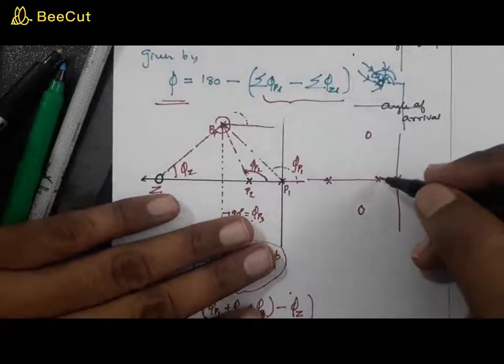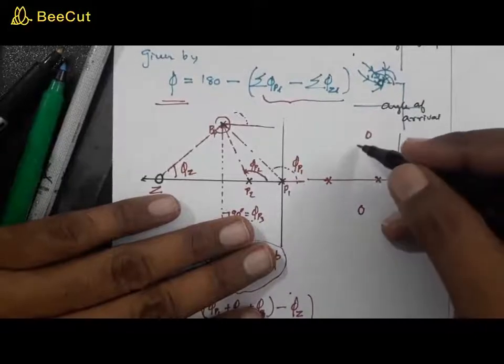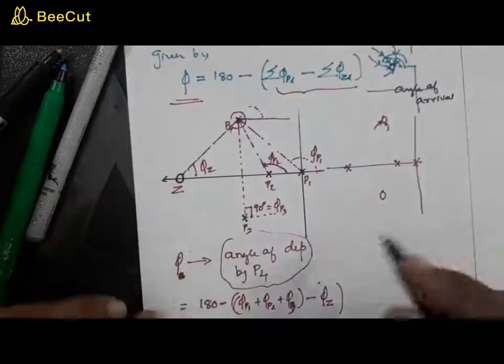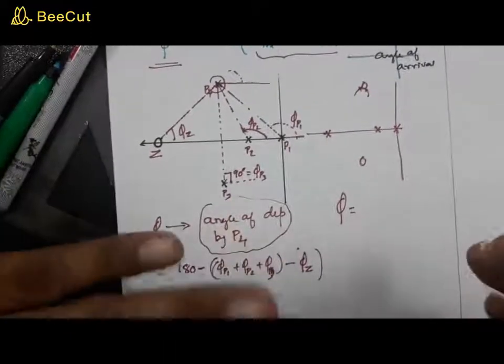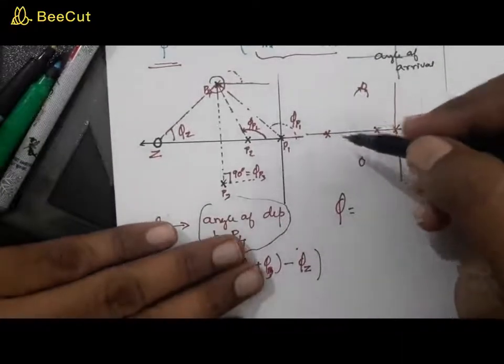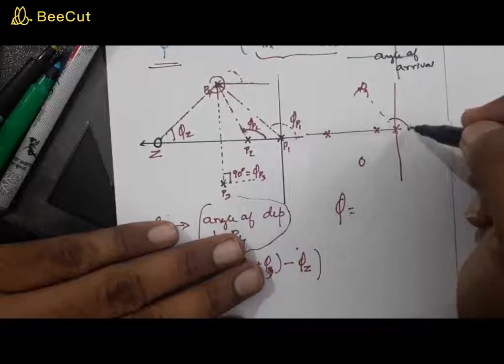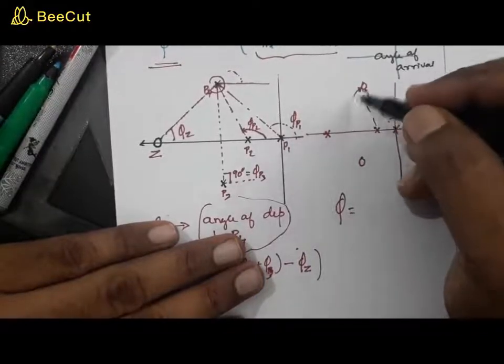So that means the locus has to come from this pole and arrive at this zero. So you need to find out this angle of arrival, and I'm again calling this phi. The procedure is the same. You need to draw the straight line and find out the angle in the anti-clockwise direction. Here also draw this line.